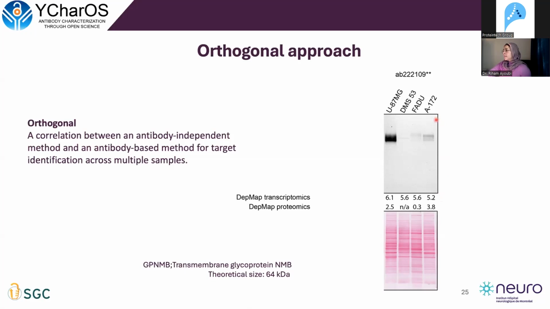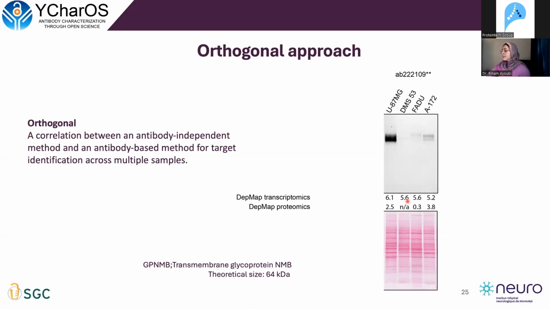Notice that the A172 cell line expresses the protein with 5.2 transcripts per million, with very low signal in Western blot. But in DMS53, there is barely any noticeable signal, although the RNA value is higher or similar at 5.6.